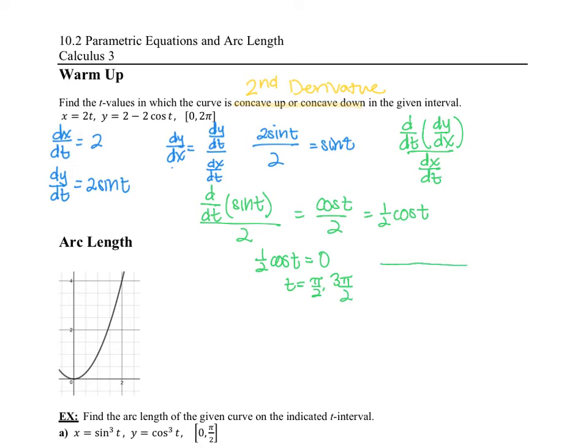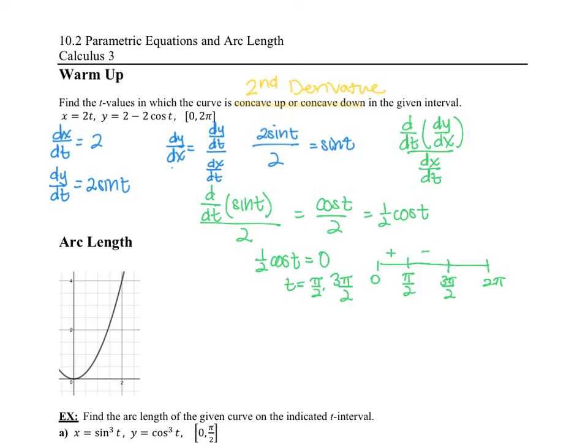So looking at a number line, if you are a visual person, if not, no worries. We can't even use a number line on the AP test, and you know that. So looking at this, if I deal with 1/2 cosine of t and I plug in something that's less than pi over 2, I know that my values are positive. Between pi over 2 and 3 pi over 2, the values of 1/2 cosine of t are negative.